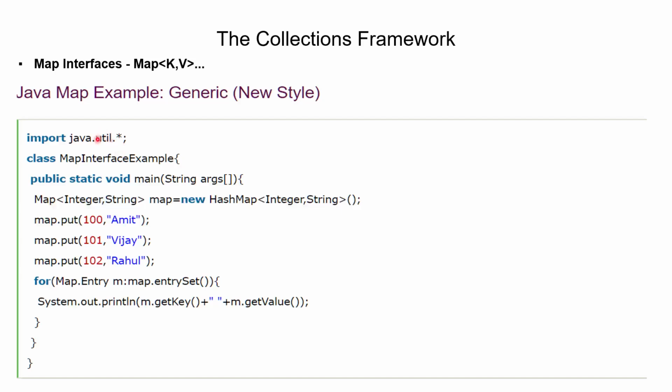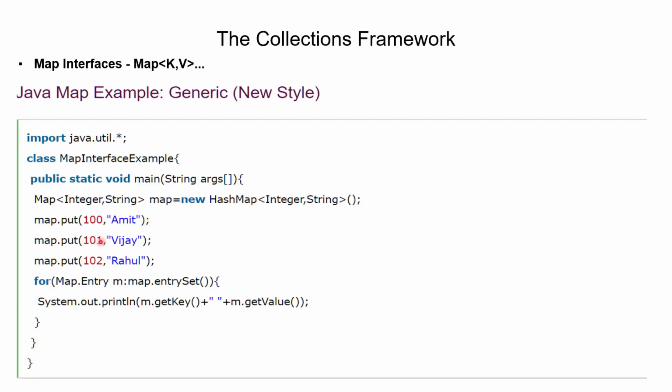And again, another great example of the HashMap. We're using the import util package. We have a class called MapInterfaceExample, and we can see here our main method. We're instantiating a HashMap, and we have our map. We create our map object right here of type Map with our Integer and String, and we're calling put on the map object.